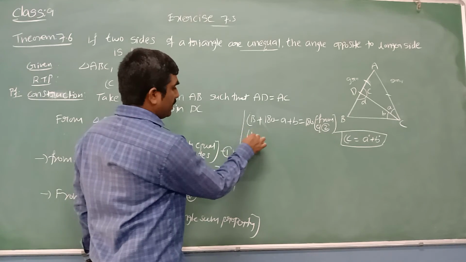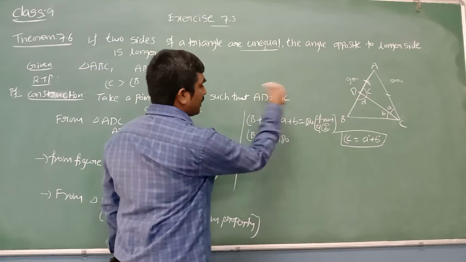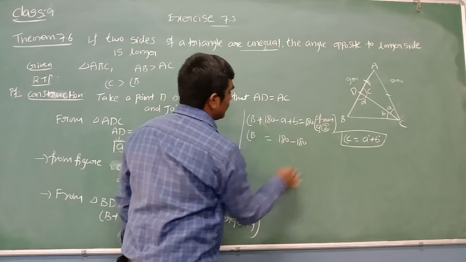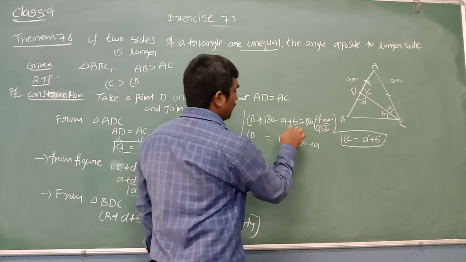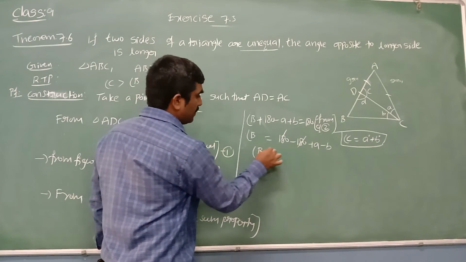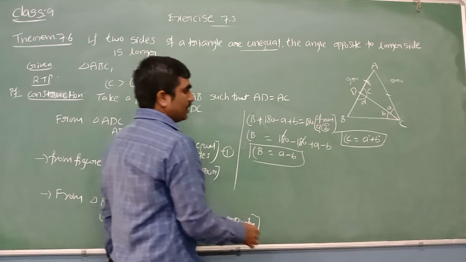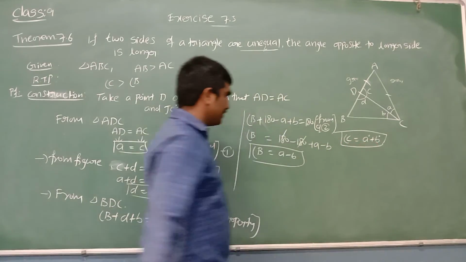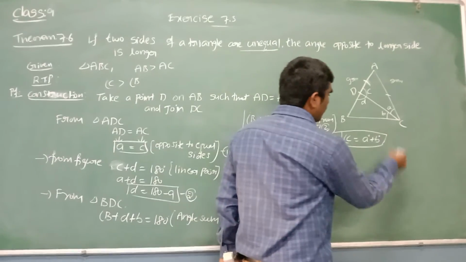Angle B is equal to, already we have 180, transpose minus 180, minus A, if A transpose plus A, plus C, if C transpose minus C. 180 and 180 cancel. Angle B we can write A minus C. Now see here, angle C is A plus B, and angle B is A minus B. Like we can take any two angles.